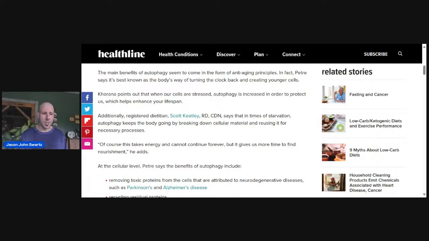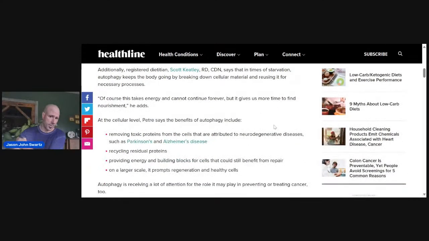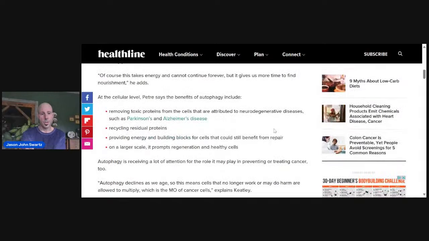Getting back to autophagy, of course, this takes energy and cannot continue forever, but it gives us time to find nourishment. At the cellular level, the benefits of autophagy include removing toxic proteins from the cells that are attributed to neurodegenerative diseases such as Parkinson's and Alzheimer's disease.